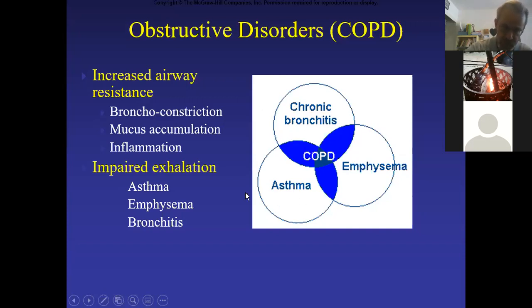We're going to focus primarily on asthma and emphysema. And ultimately, to different degrees, we have bronchoconstriction, mucus accumulation, and a lot of inflammation that occurs with each of these conditions. But those are some of the main characteristics.